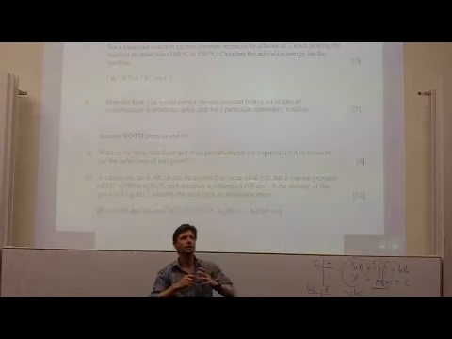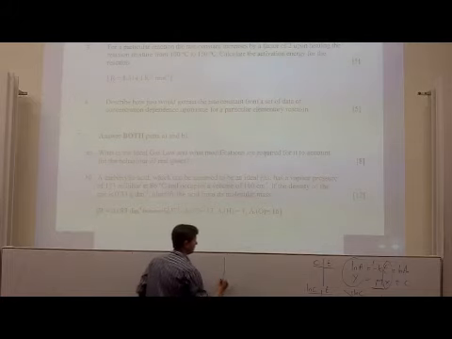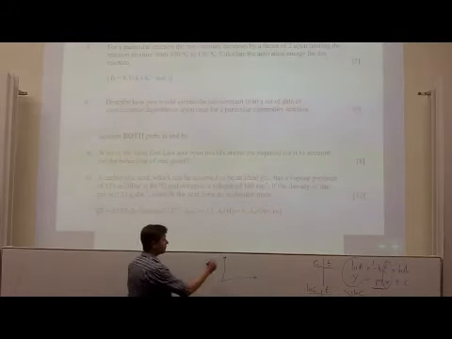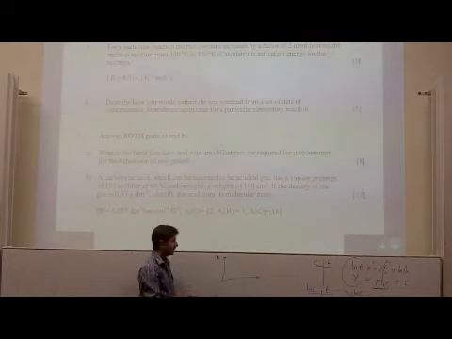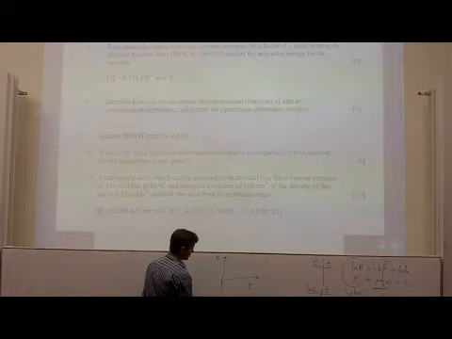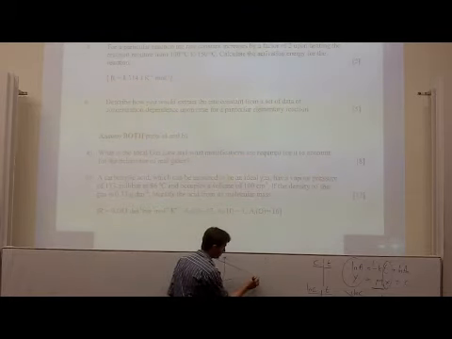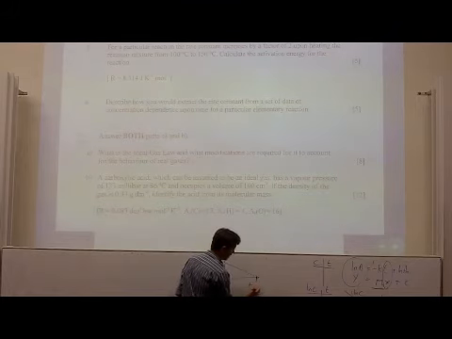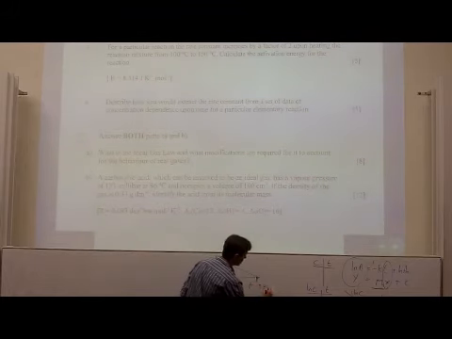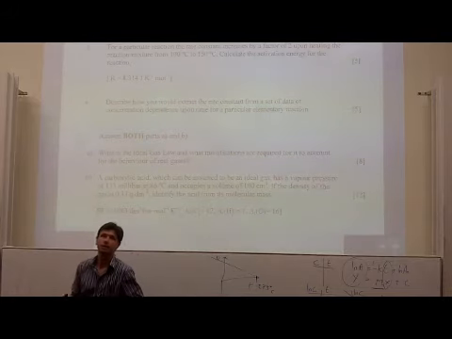In fact, that's how Kelvin got his temperature scale. He looked at the volume of some gases against temperature, and he showed that they decrease linearly, and he predicted that at minus 273 Celsius, the volume of the gas should go to 0.